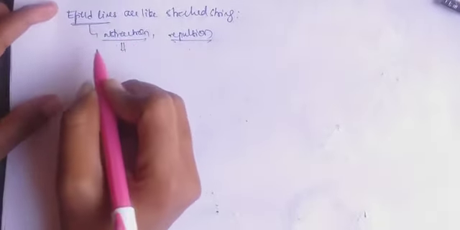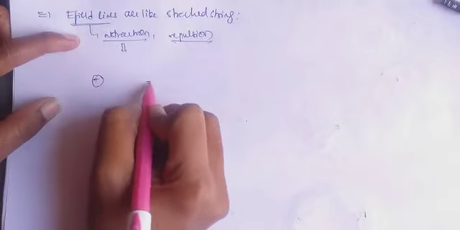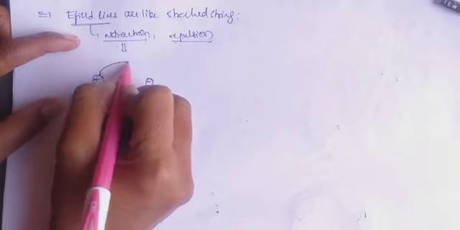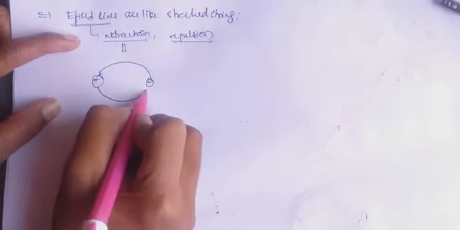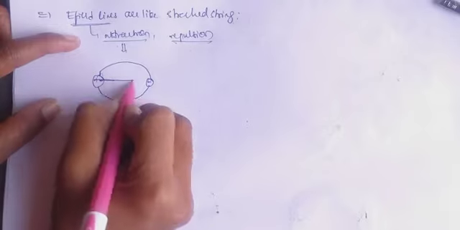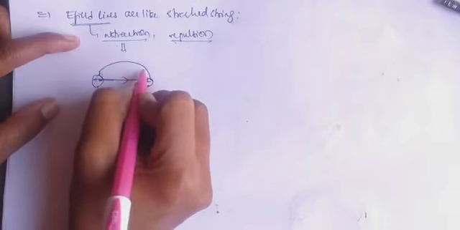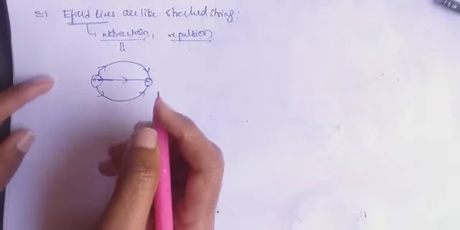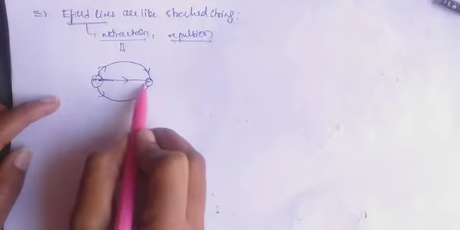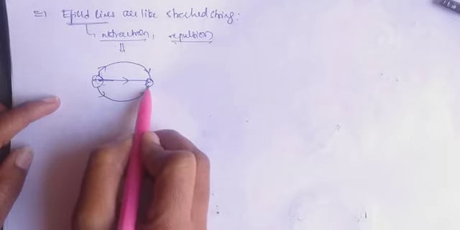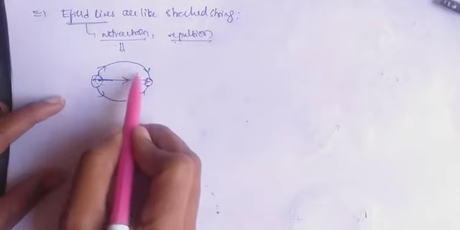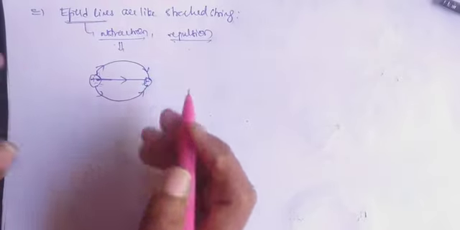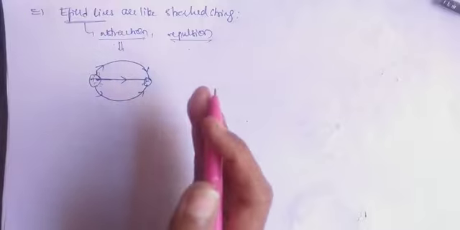For attraction, if you consider that this is a positive charge and this is a negative charge, the line should start at a right angle to the surface, and the line will always go from positive to negative, outward from one and inward to the other. These lines are always under tension. When the lines go from positive to negative, those two charges tend to reduce their length.